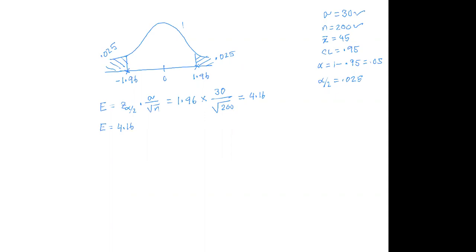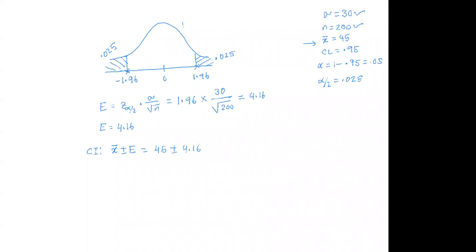All right. Now, your confidence interval is going to be X bar plus or minus margin of error. Your X bar is right here, which is 45, plus or minus margin of error, 4.16.